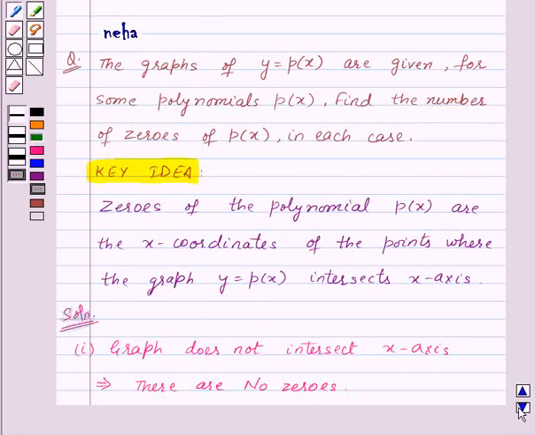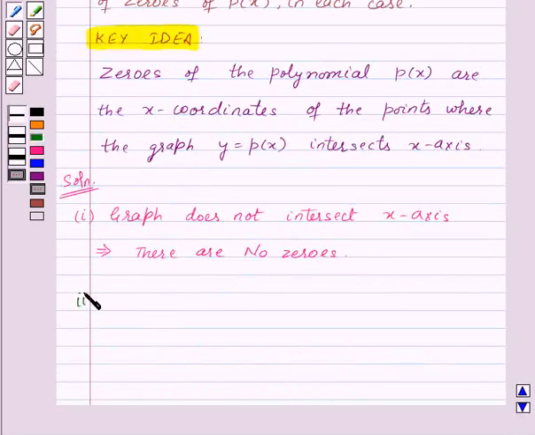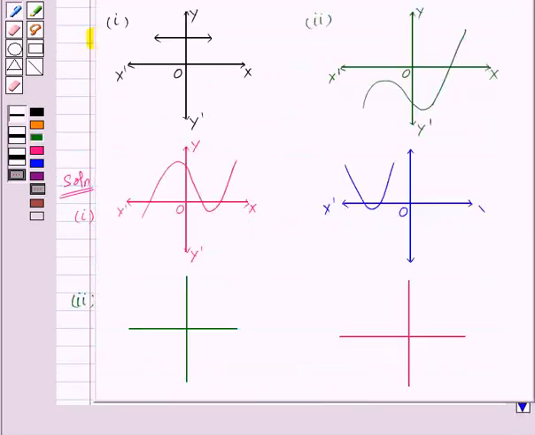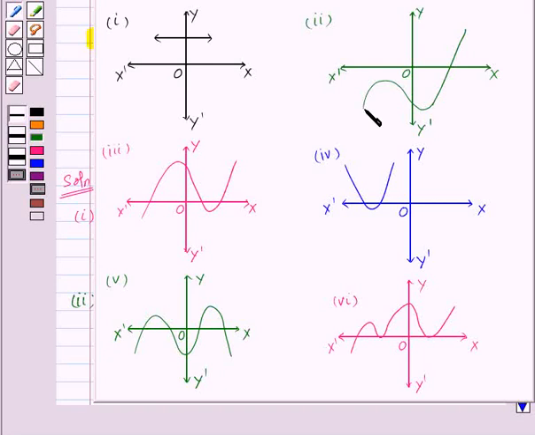Now let's proceed with the second part. Let's see its graph. Alright, here the graph intersects the x-axis at one point, that is this one.